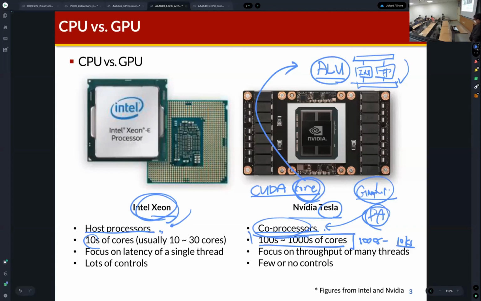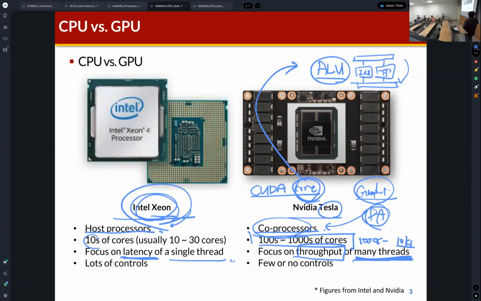A single GPU has 100 to 10K cores. The number of cores is very large. CPUs focus on the latency of a single thread. If we just focus on the performance of a single thread, performance is better on a CPU, but the GPU focuses on the throughput of many threads.